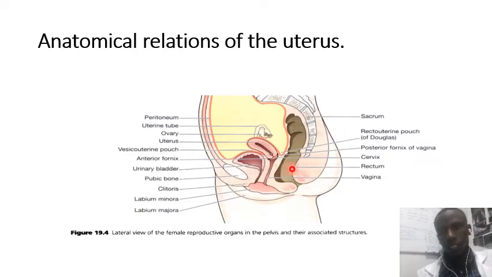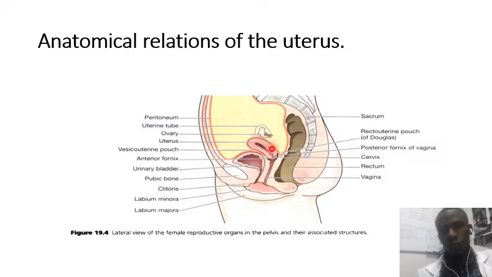Posteriorly to the uterus we have the rectum. There is a space between the rectum and the uterus, which is called the pouch of Douglas or the recto-uterine pouch. Then anteriorly to the uterus lies the urinary bladder. Still, there is a space called the vesico-uterine pouch between the uterus and the urinary bladder.